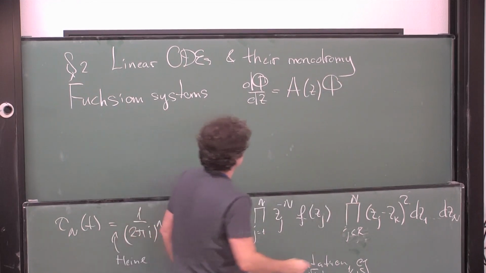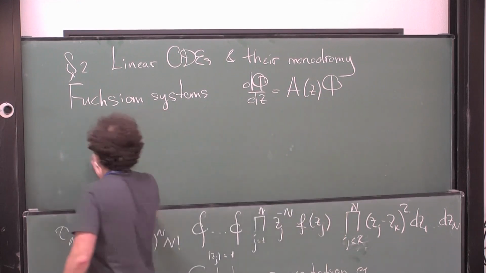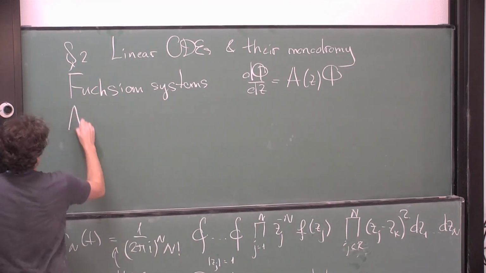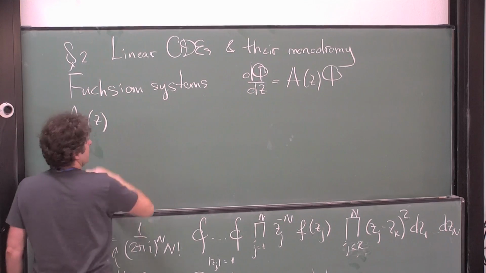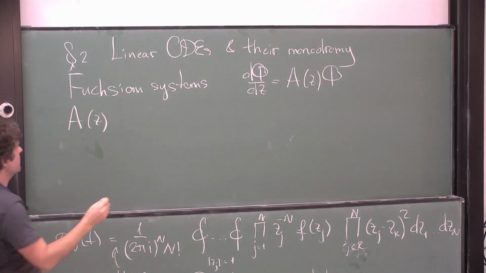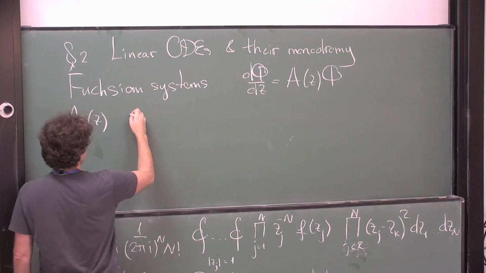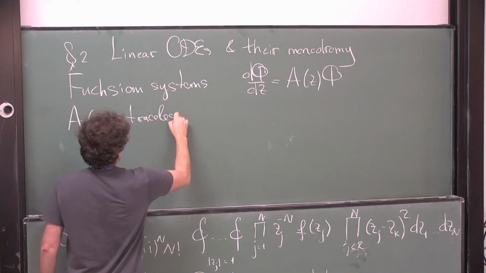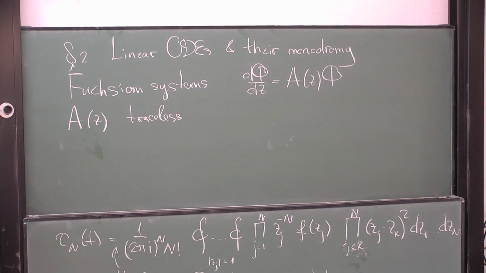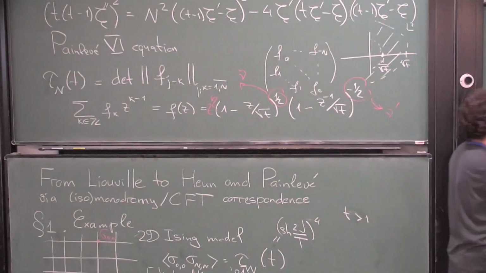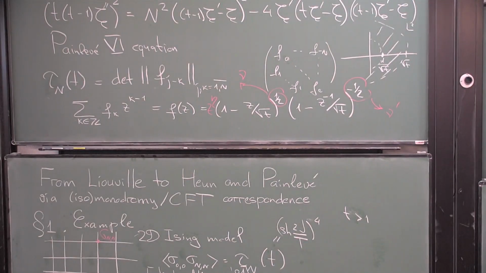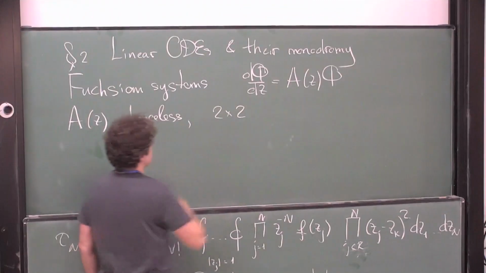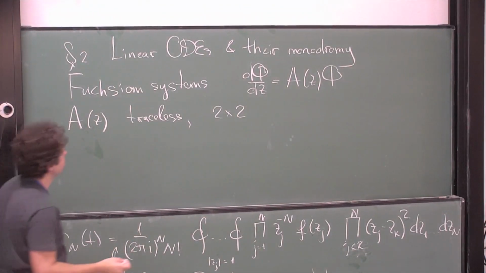So this A of z can be, without loss of generality, supposed to be traceless. And for my purposes, I will stick to the case where it is a 2x2 matrix.